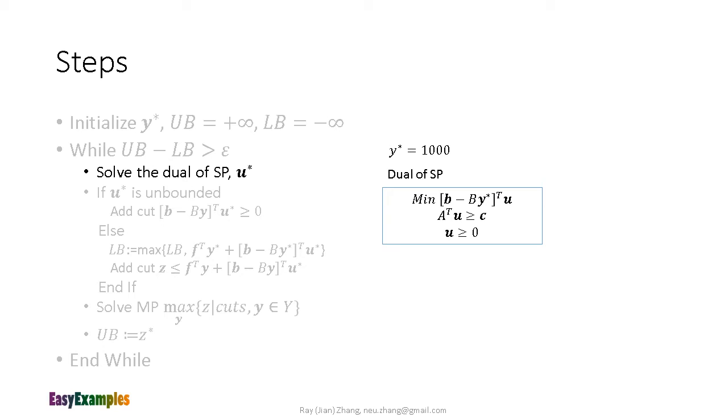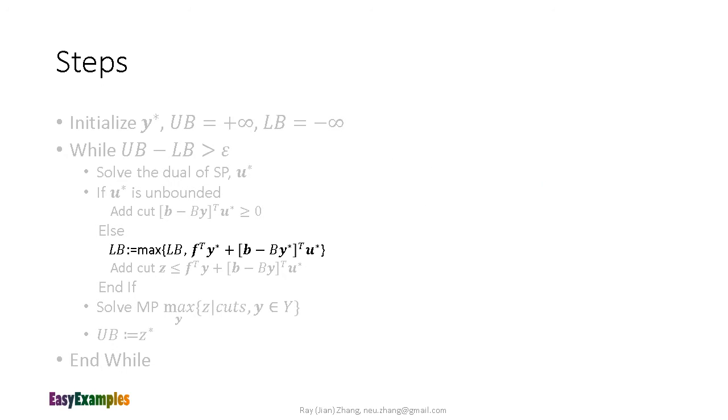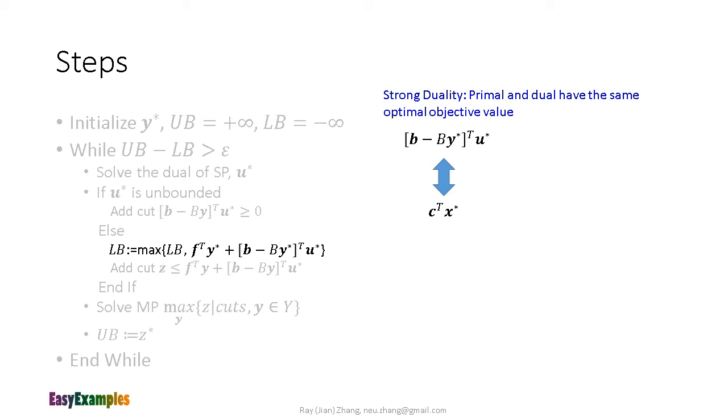Again, we formulate the dual of the subproblem based on y star equals 1,000, and we solve this program, and we get the optimal dual solution. According to strong duality, the primal and the dual have the same objective value under the bounded optimal solution, and the objective value here represents the best profit that can be made from the investing, given the current y star.